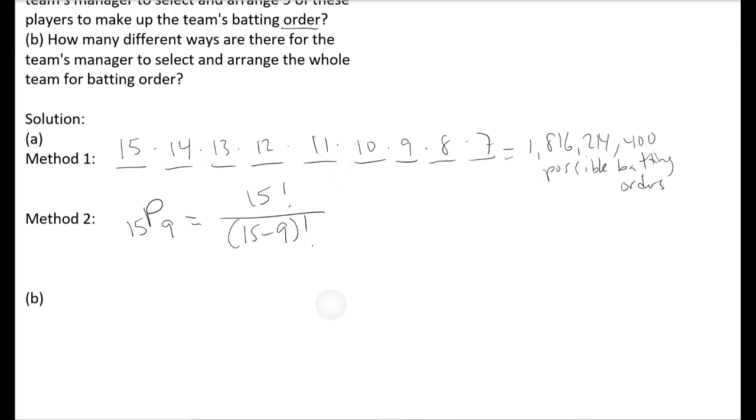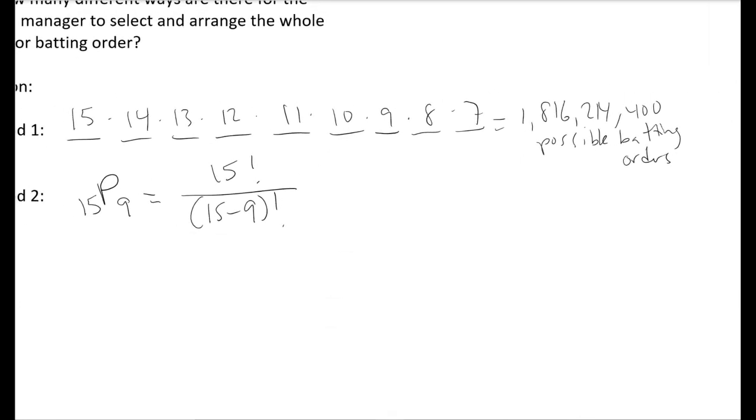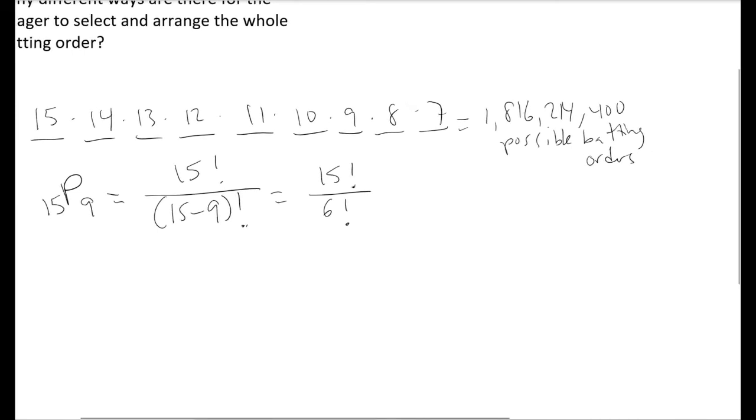Now I'm doing this because I want to show you how to calculate these permutations using the formula. So we have 15 factorial over 15 minus 9, which is 6. Actually, it's not 7, it is 6 factorial. Bad math there.